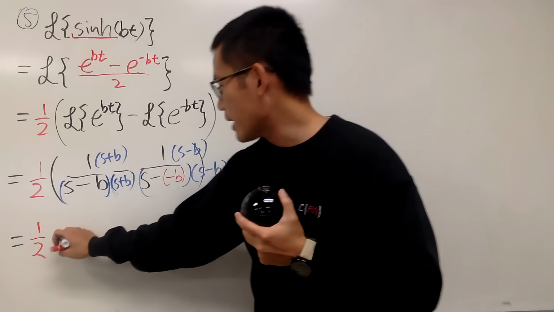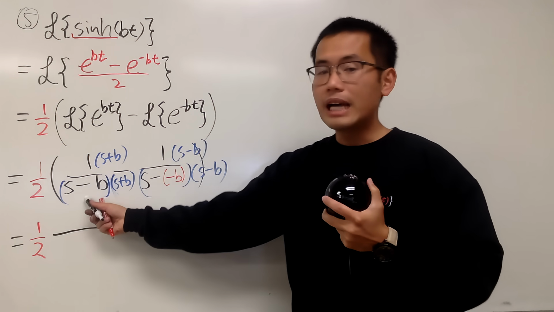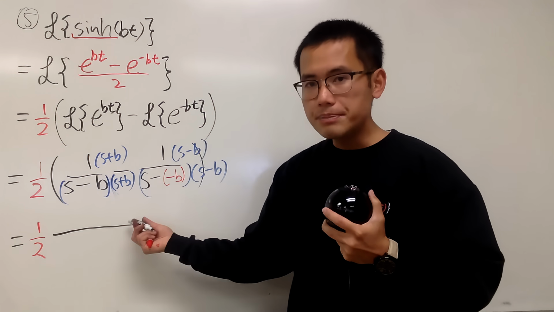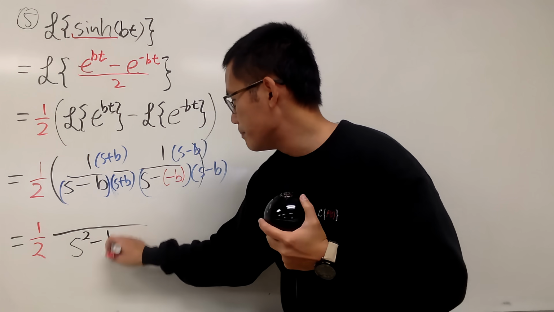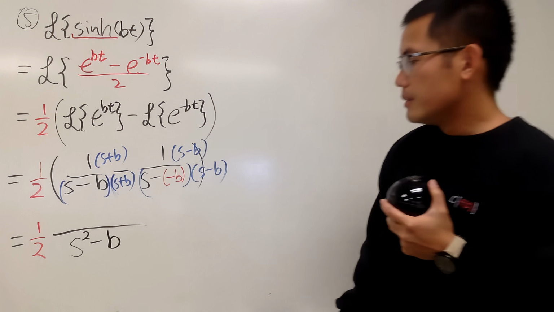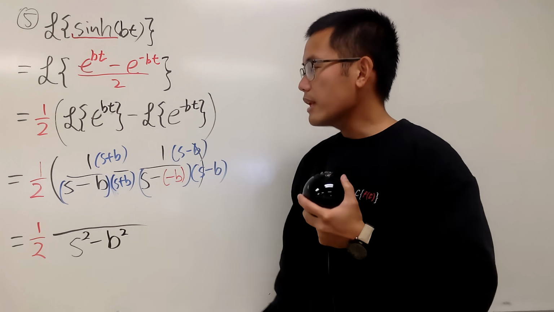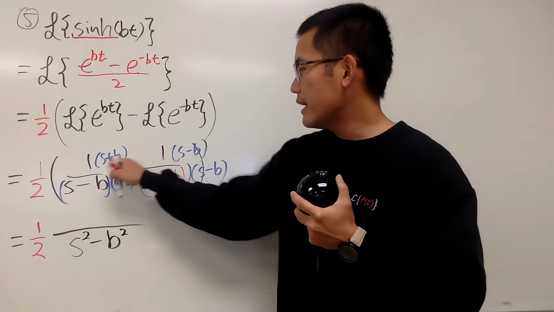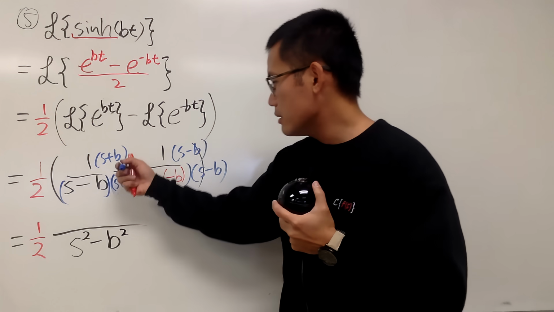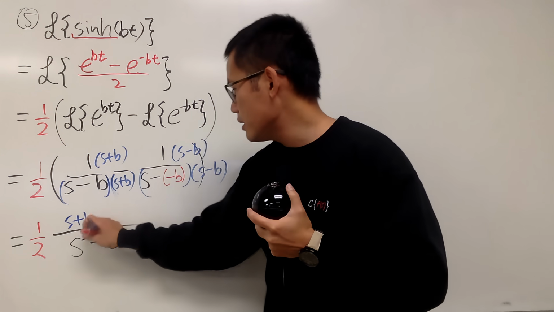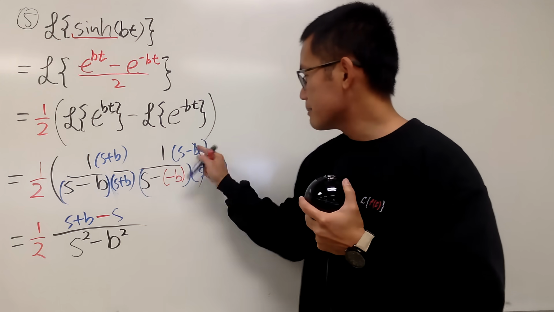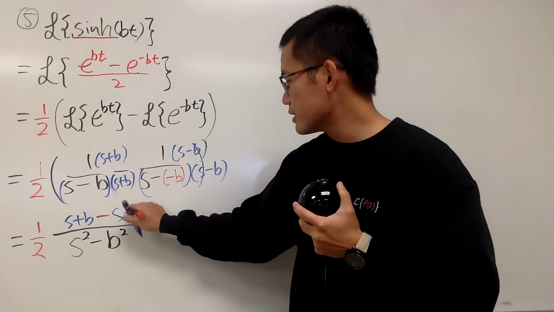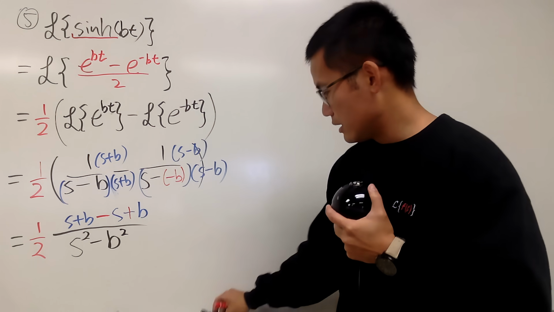On the bottom, you have s minus b times s plus b, which is s squared minus b squared. On the top, we have s plus b minus s, and then minus becomes plus, so we have a plus b like this.